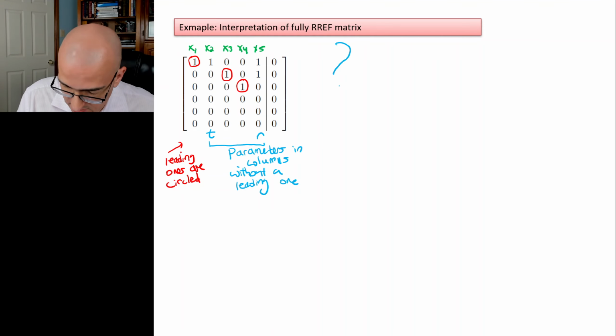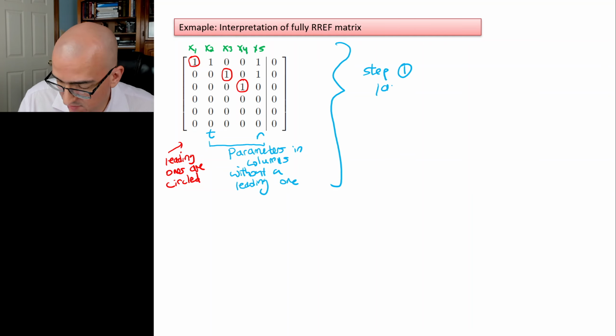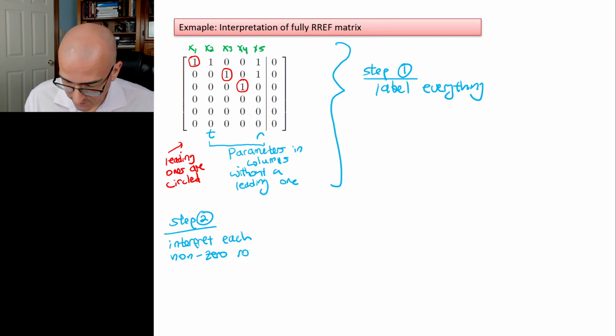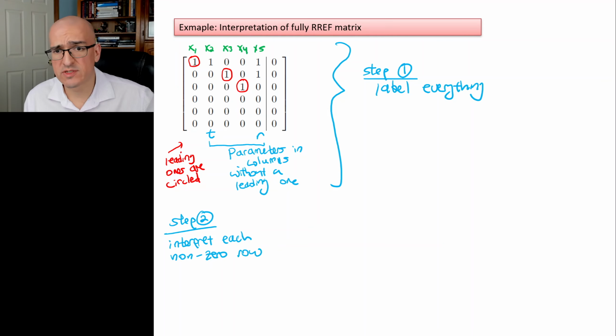So this is like step 1: label everything. Step 2 is interpret each non-zero row.